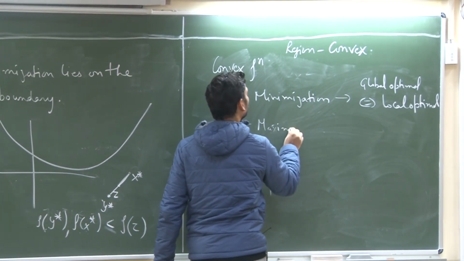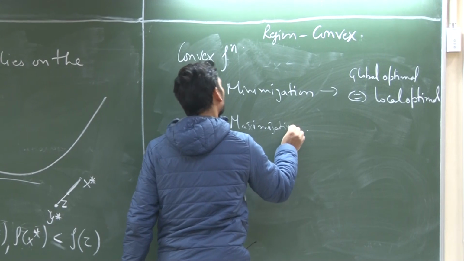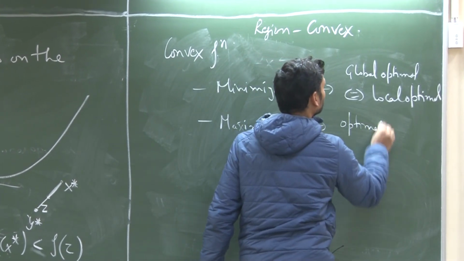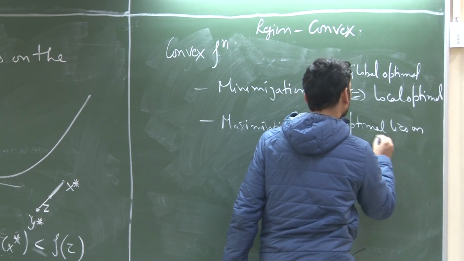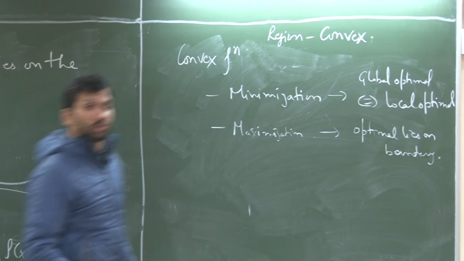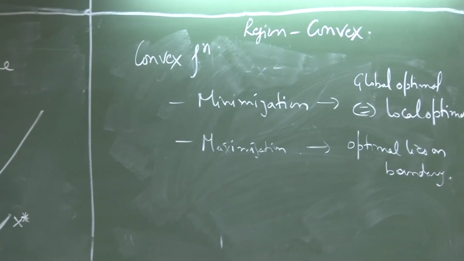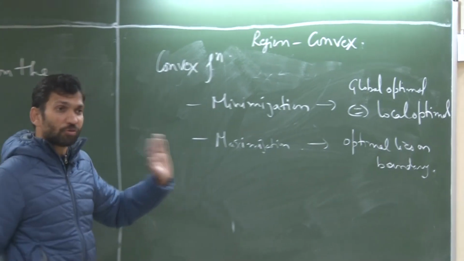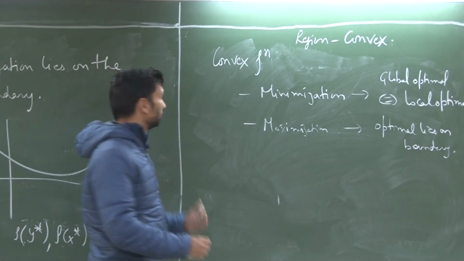For maximization, optimal lies on the boundary. These are the two properties we have seen. We have seen the proof of this. I have given you some idea of why optimal lies on the boundary. You can fill in the details.